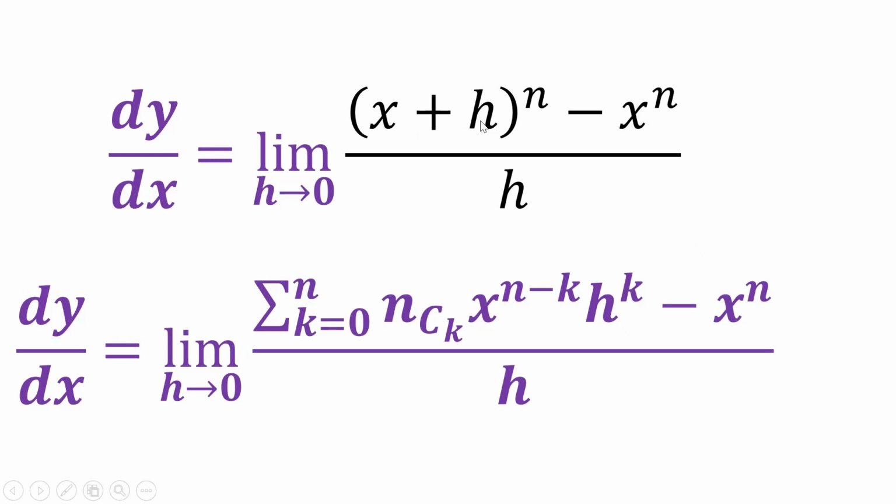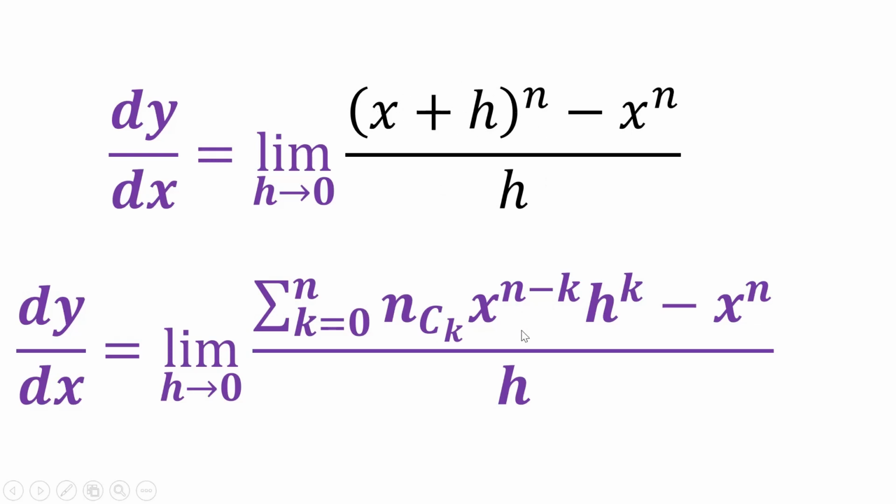So binomial is saying that we can find a summation from k equals 0 to n of n combination k times x to the power n minus k times h to the power k. So when we are able to do this expansion, it's the same as the term here.